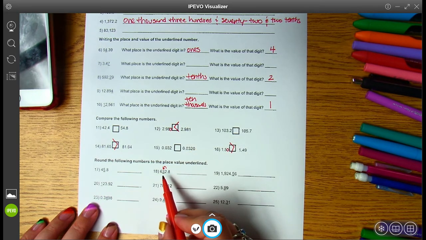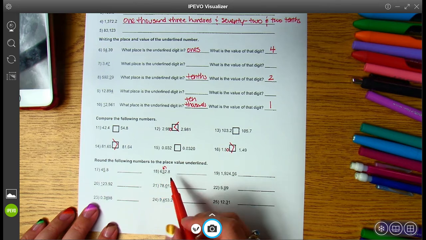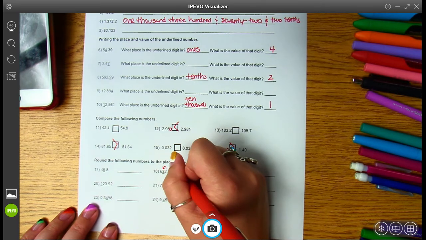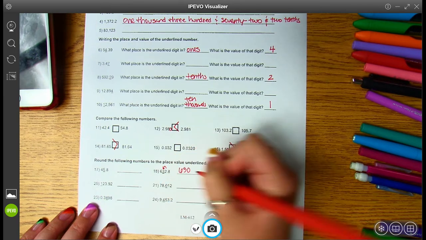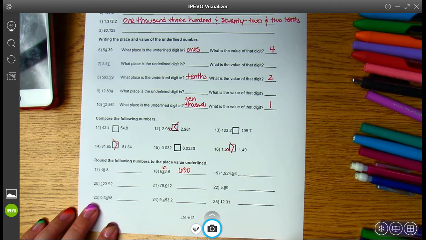So this 2 tells this 3 to stay a 3. Because if the number behind it is 4 or below, then this stays whatever it is. If the number behind it is 5 or above, then it tells this one to go up by 1. So that 3 is going to stay a 3. So it's 630.